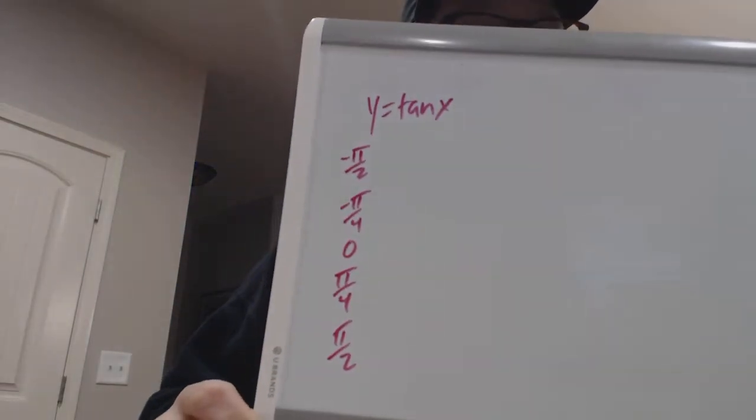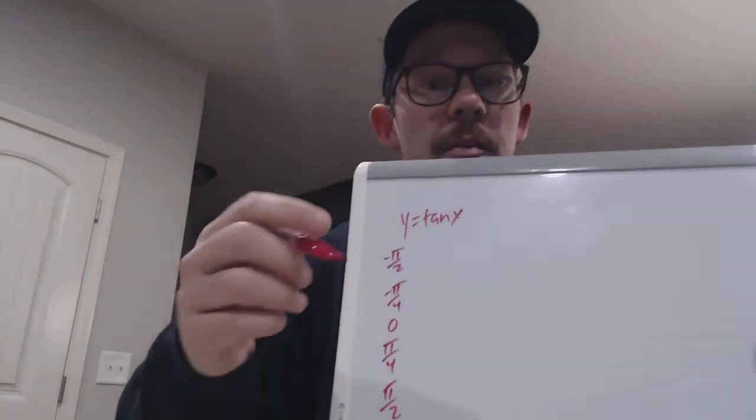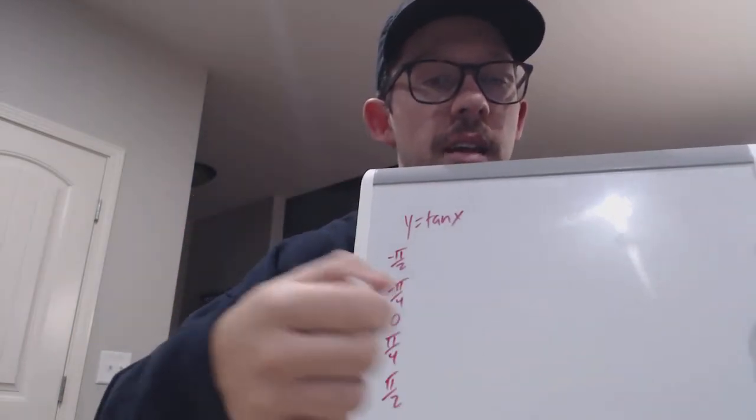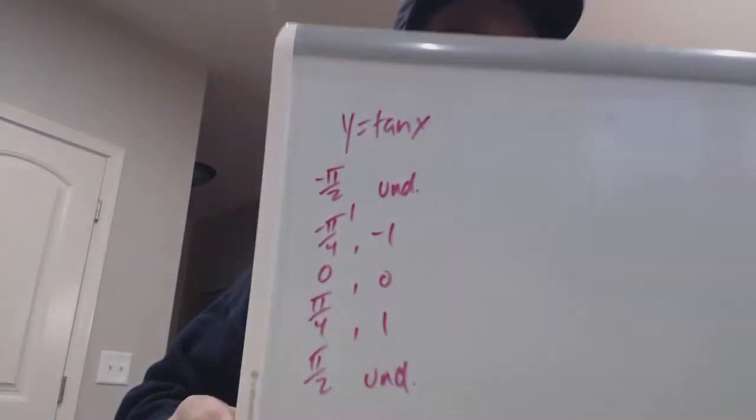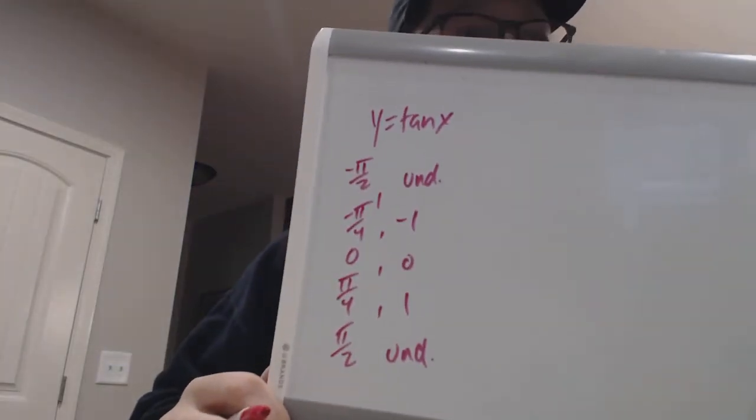That's going around the right hand side of the circle. The tangent graph starts at undefined, ends at undefined, and we got those easy negative ones, 0 and ones in between.